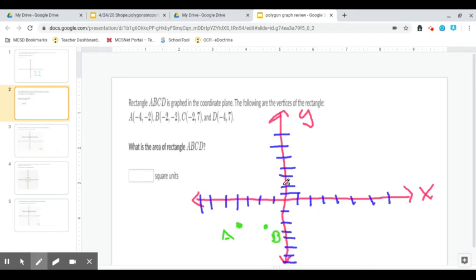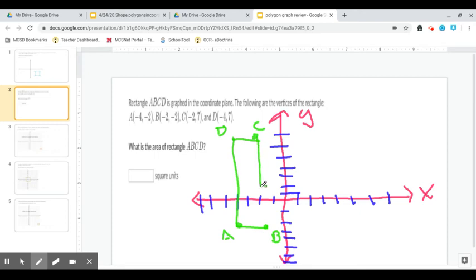Point C is -2 and all the way up to 7. 1, 2, 3, 4, 5, 6, 7. All the way up here, 7 is C. And D is 1, 2, 3, 4, all the way up here to 7.